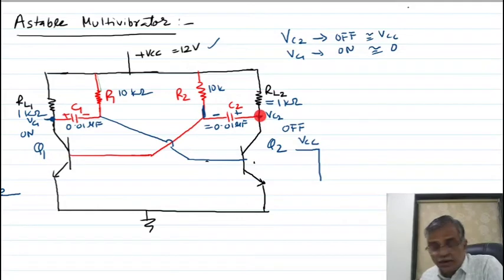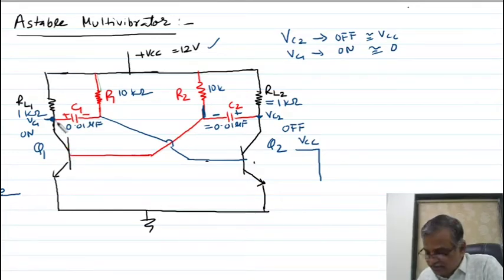As this comes into the on condition, this capacitor supplies negative voltage to this, because it starts discharging through R2 and the collector of Q2. As this capacitor gets discharged, this negative voltage is coming to Q1.